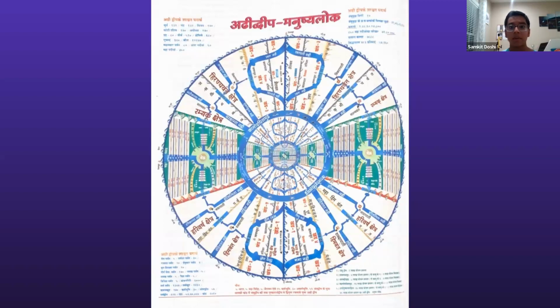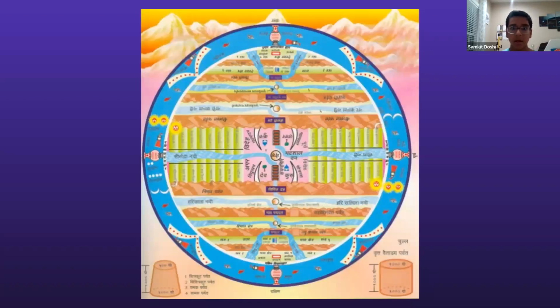Next up, we have the Jambudvip, and Jambudvip has three regions. It has Bharat Kshetra, Airavat Kshetra, and Mahavidya Kshetra. You might have heard that there's 15 regions in the total Madhyalok, and the other 12 are divided between the other islands or rings.